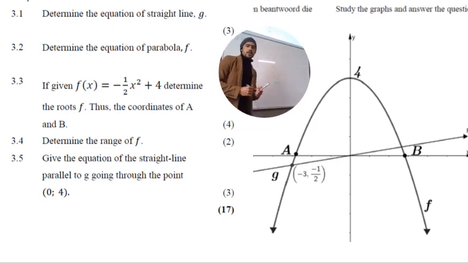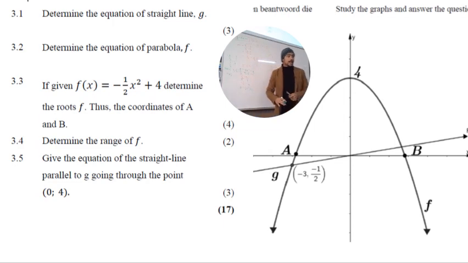Let's just finish up on the last question, because this question is quite important. They ask you to give the equation of the straight line parallel to g going through the point (0; 4). They give you a line. If they say lines are parallel, what do we know about parallel lines?